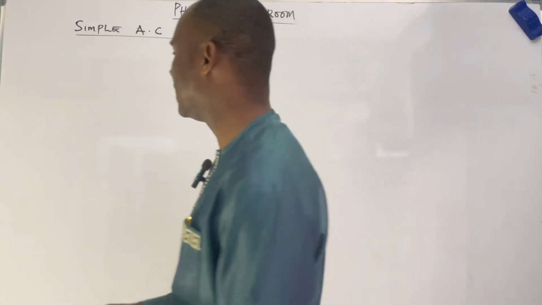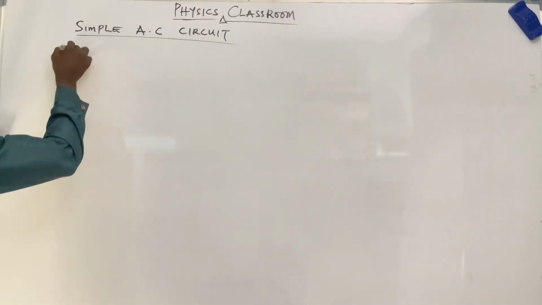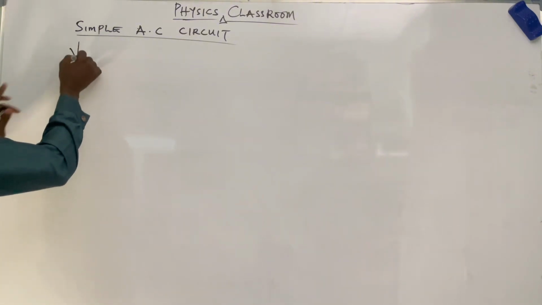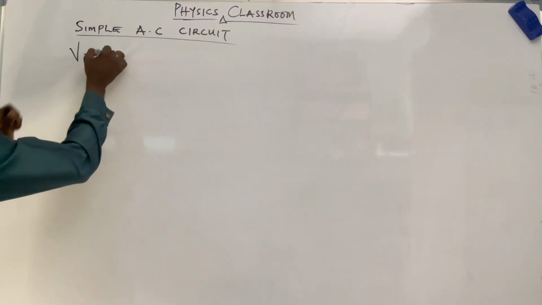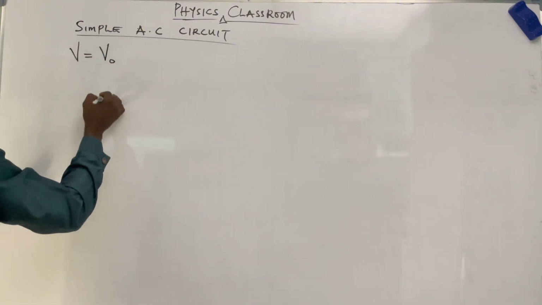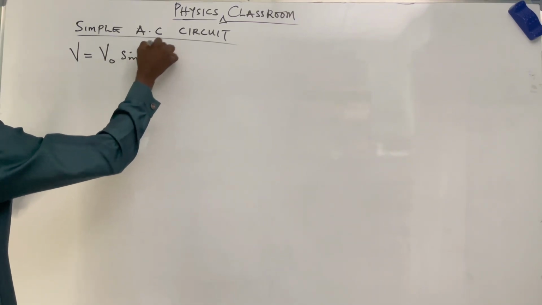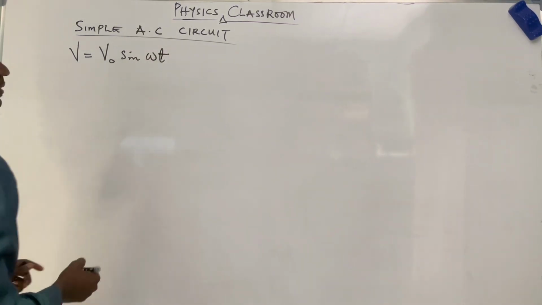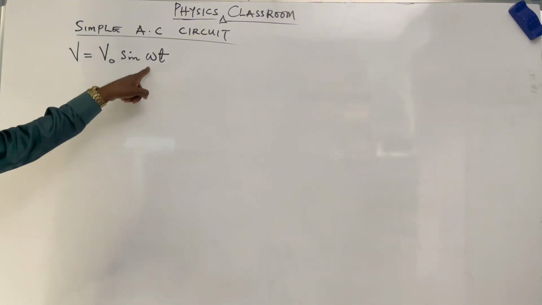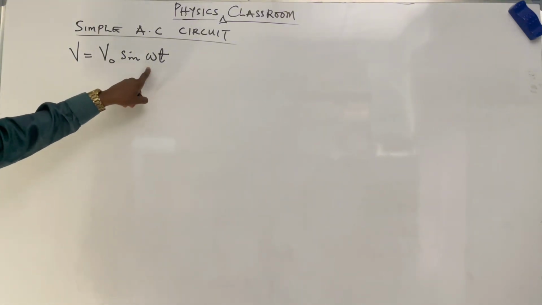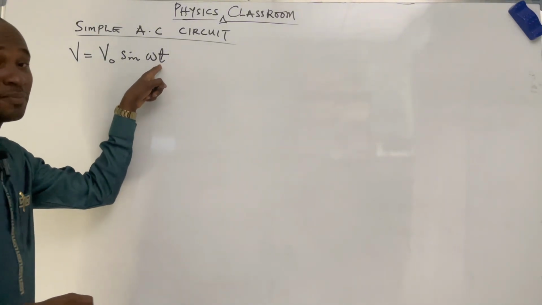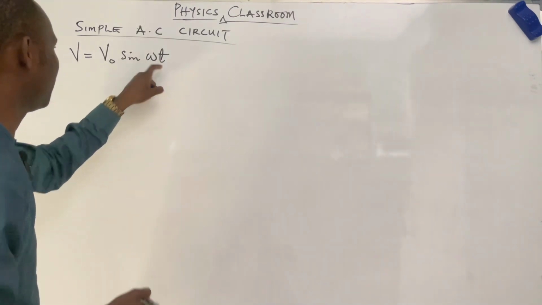What am I saying here? Alternating voltage is equal to the peak voltage times sine of omega t, where omega represents the angular velocity and t represents the oscillating time.